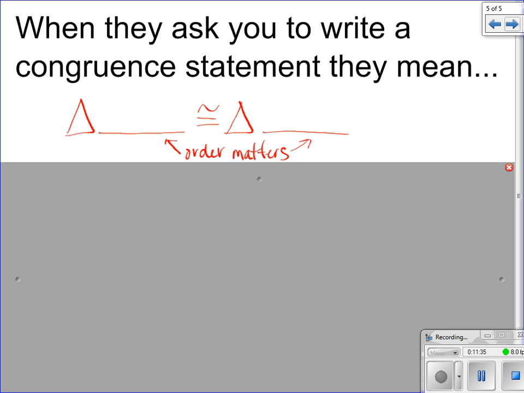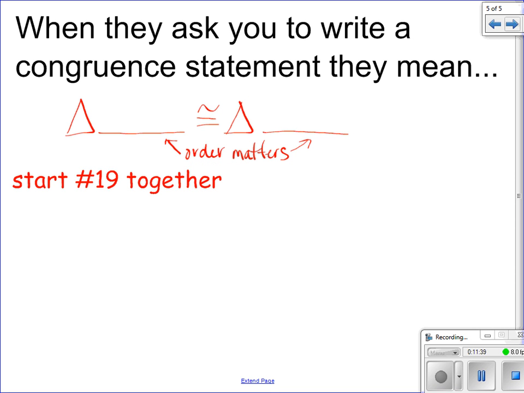Okay, let's go through one of the homework problems. We're going to look at number 19. So if you could get out your assignment, we will start this one together.